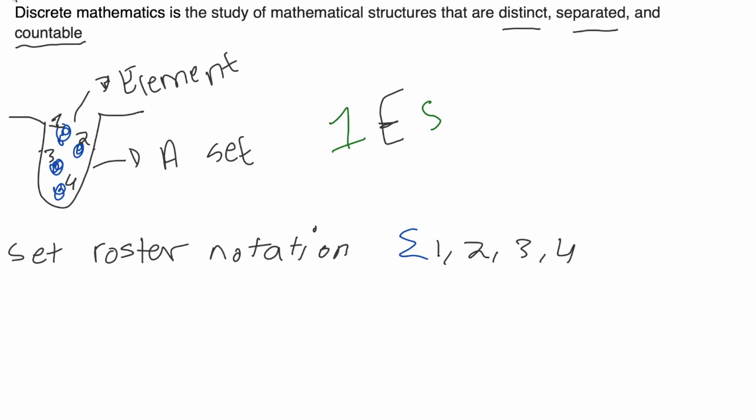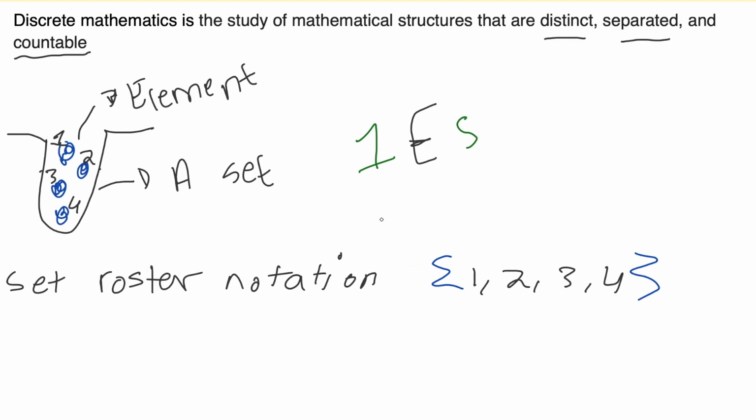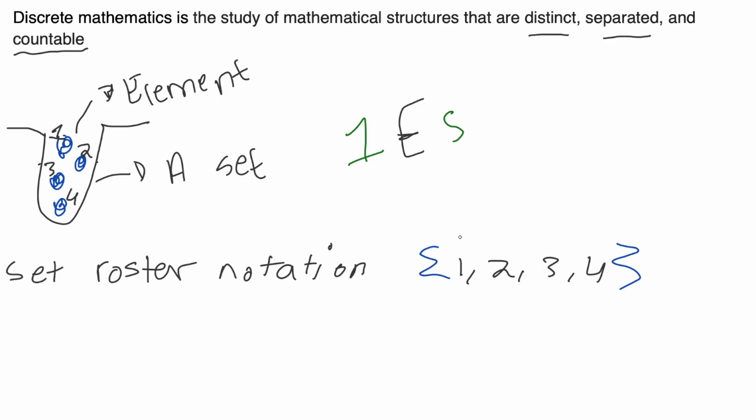So that's the set roster notation. And that is the normal way of writing a set. So even in programming languages, you will see it being used by the curly braces.